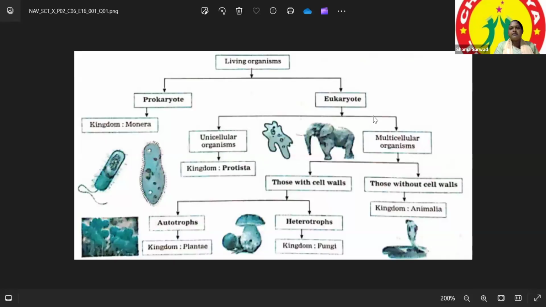Now living organisms have been classified as prokaryotes and eukaryotes. Prokaryotes are not well organized organisms, whereas they don't have a nucleus, right? And eukaryotes are properly developed, well-developed organisms. So prokaryotes include the kingdom Monera.